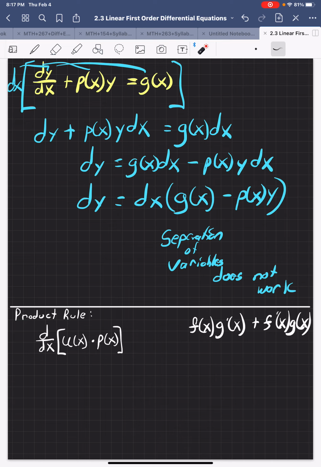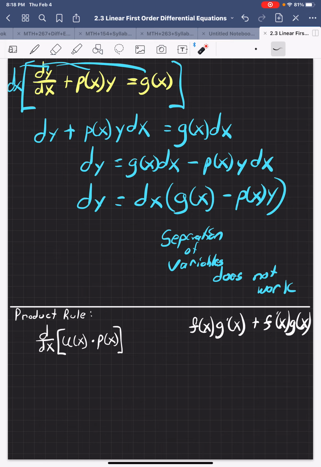Okay? So really quickly, the product rule. Remember, let's say you had a function of x times another function of x, and you wanted to take the derivative of it. In other words, let's say you had x squared times sine of x. Well, you could take the derivative of that, but it would require the product rule.